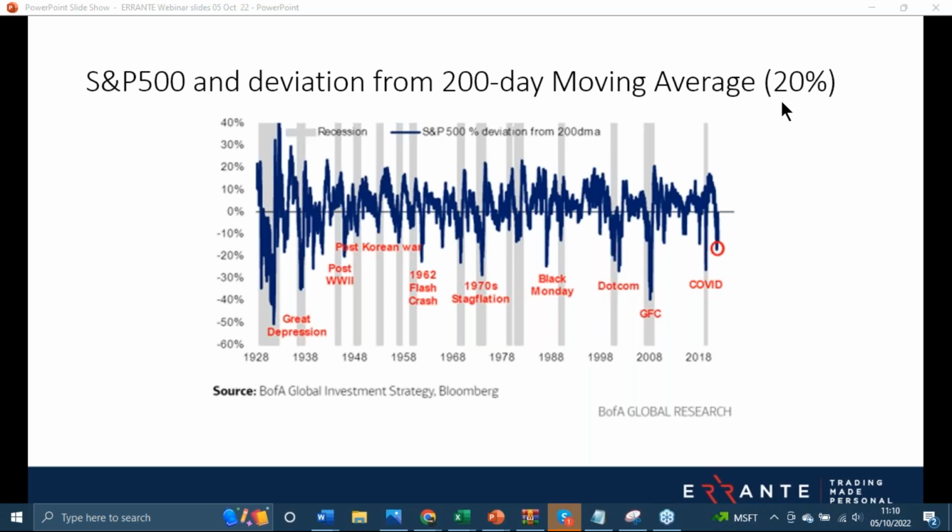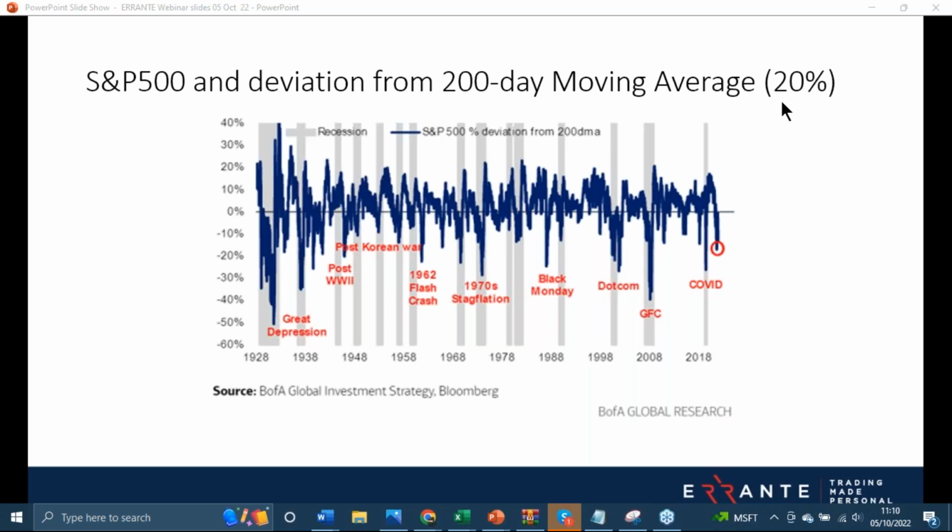Their year-end targets for next year are potentially 4,000 in a soft landing, whereas a hard landing is still quite high, really 3,750, just below where we're trading currently, although the futures are actually trading at 3,756 today. So just something to bear in mind for some of you who follow the big investment banks and their forecasts.